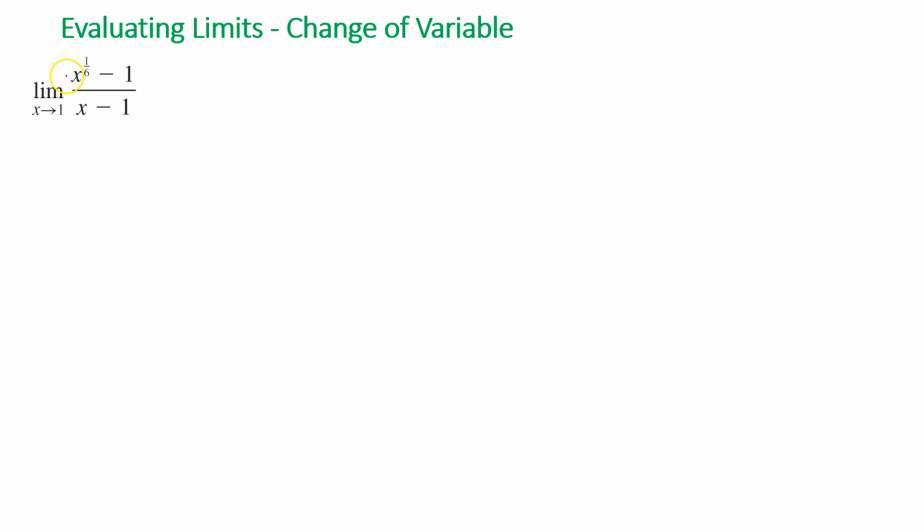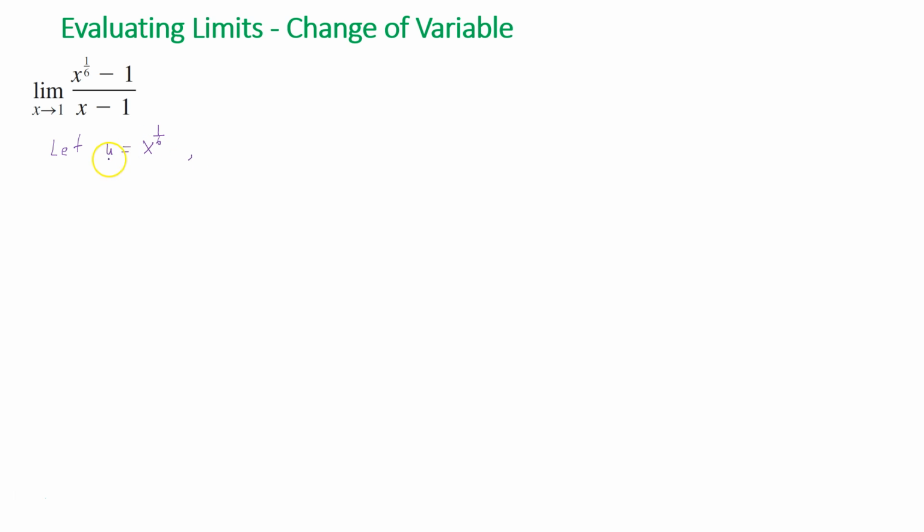And so the way this works is we're going to replace x with a different variable just to make it easier to simplify this expression. So what I'm going to do is let u equal x to the power of 1 over 6.